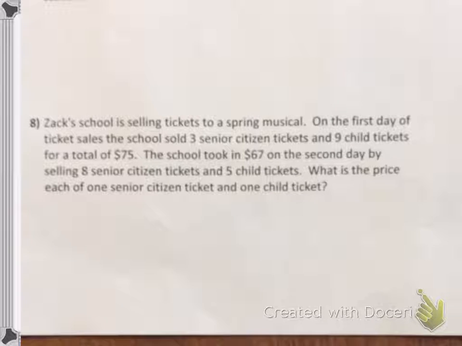This last problem right here is talking about selling tickets to the musical at school. It says Zach's school is selling tickets to the musical. On the first day of sales, the school sold 3 senior citizen tickets and 9 child tickets. I'm going to call the senior tickets S and the child tickets C. We sold a total of $75 worth of them.